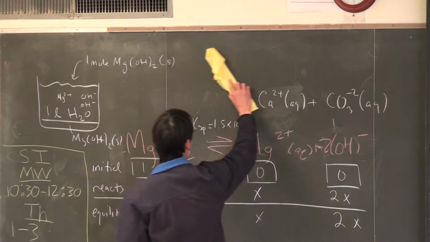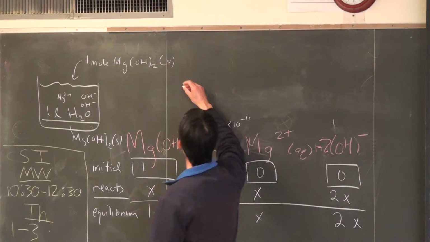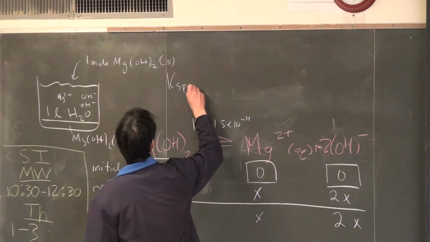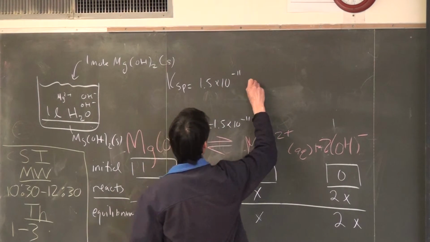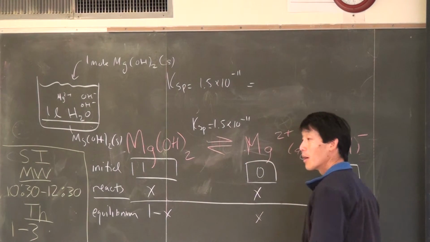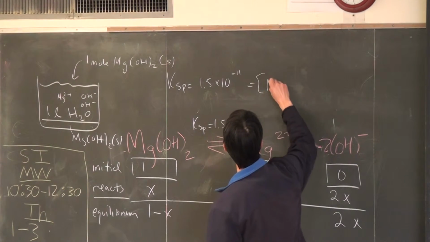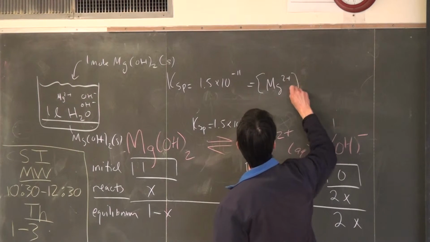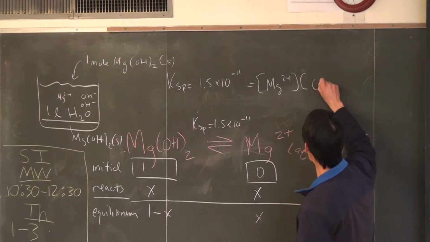Okay, so now we can plug it into our equilibrium constant equation. So let me erase this part here. Okay, so we have KSP, which equals 1.5 times 10 to the minus 11. And that's equal to the magnesium ion concentration times the OH minus concentration.